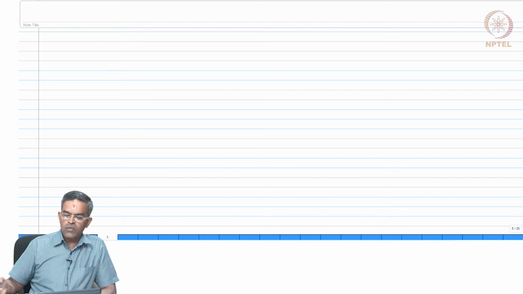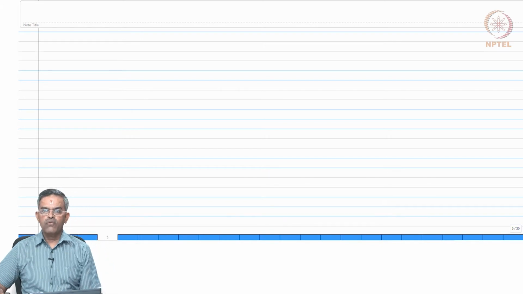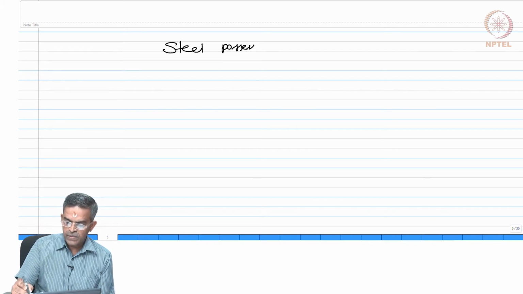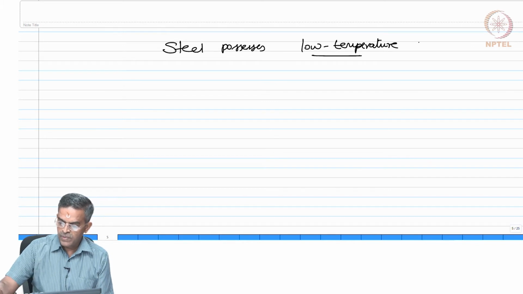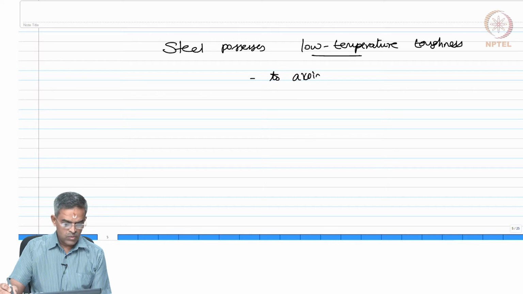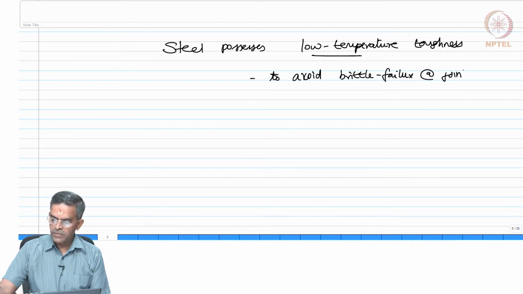Another important property that steel possesses, which is also useful for us, is low temperature toughness. This is helpful to avoid brittle failure at the joints.